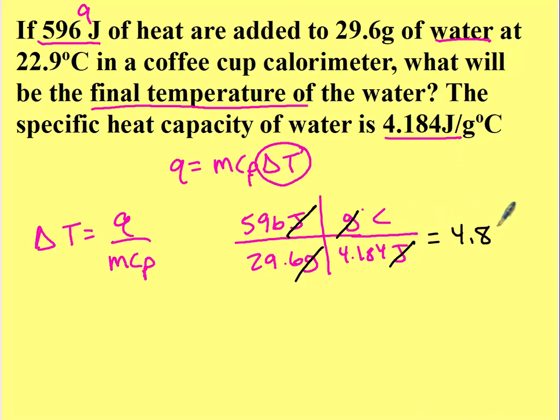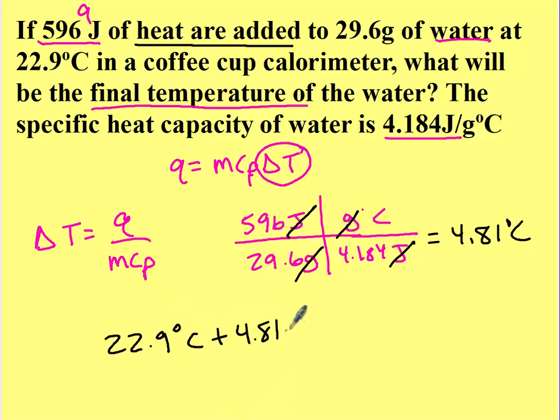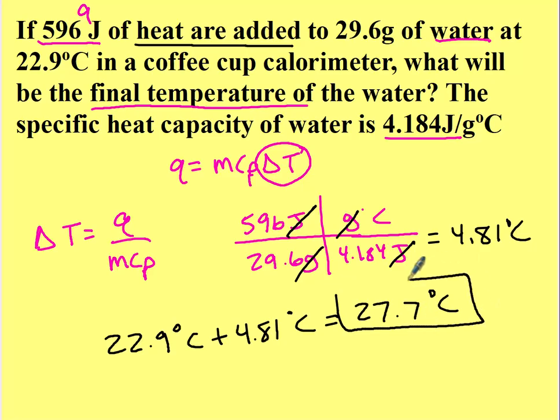So we get 4.81 degrees Celsius. It says that the heat is added to the water, so our final temp should be higher than what we started with. So 22.9 degrees Celsius plus 4.81 gives us 27.7 degrees Celsius as our final temp.